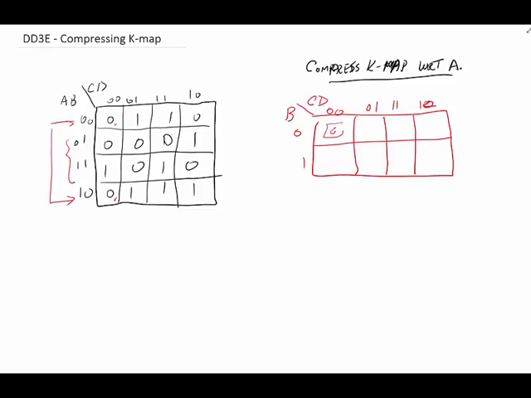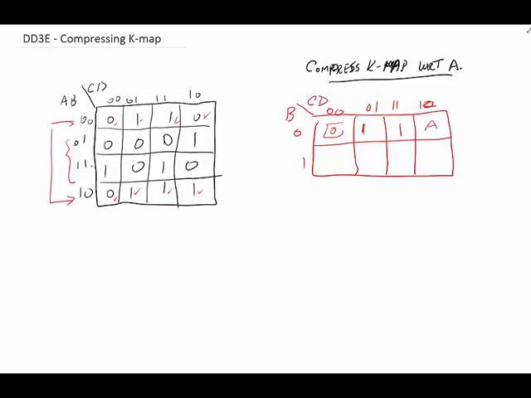We see both are 0, so we put a 0 in here. We see both of these are 1, so we put a 1 in here. In this case it's 0, and in this case it's 1. And then the last one, we see when A is 1 it is 1, and when A is 0 it is 0, so this is an A.